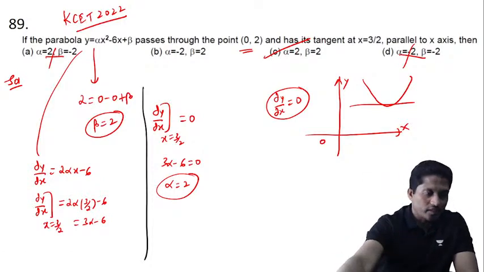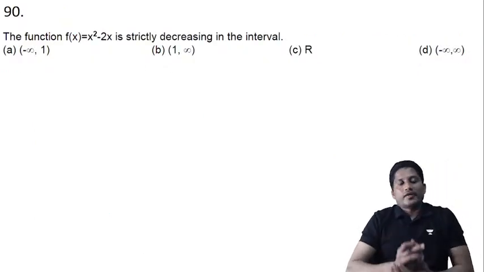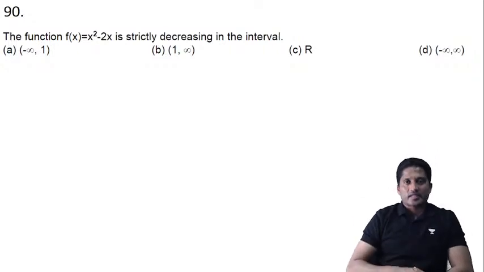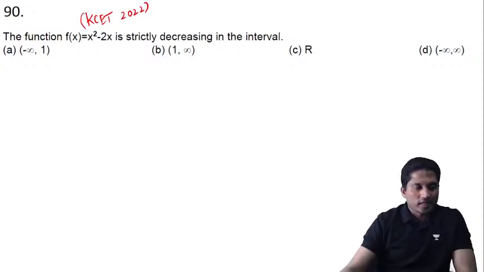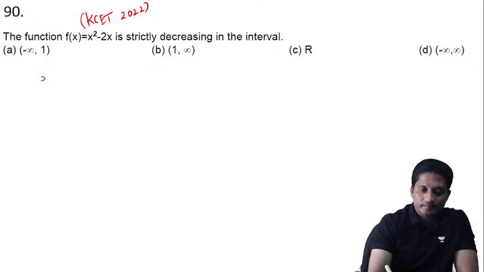Alright, let's move to the next question. The function x square minus 2x is strictly decreasing in the interval. Even this is KCET 2022. Now if I differentiate, f dash of x is equal to differentiation of x square is 2x, differentiation of 2x is 2.